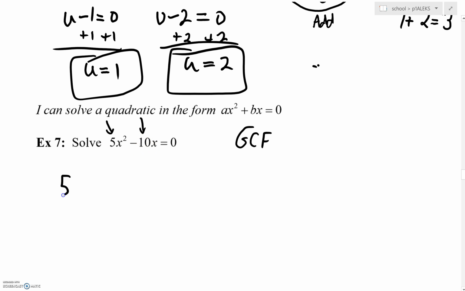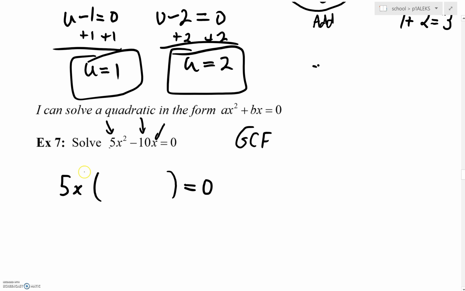Negative 10 divided by 5, that works out evenly. That's good news. See, factoring in this regard will be undistributing. But you can see we have an x squared and an x. You can always take your smallest power of x away. And what's going to happen is you're dividing this by 5x.